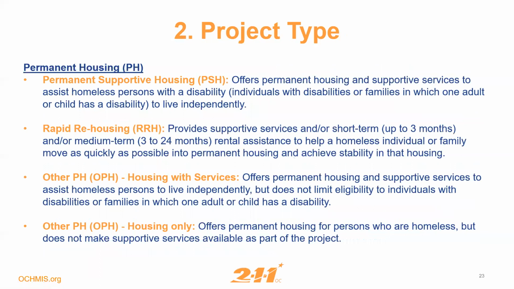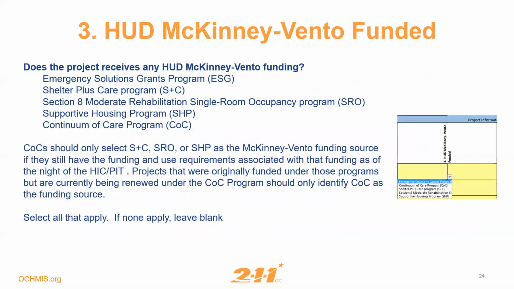You should know what your project type is. You can look over these definitions if you need further clarification, but your project type should also be on your grant applications and on your HMIS project setup form. So I think everybody should be okay with that.